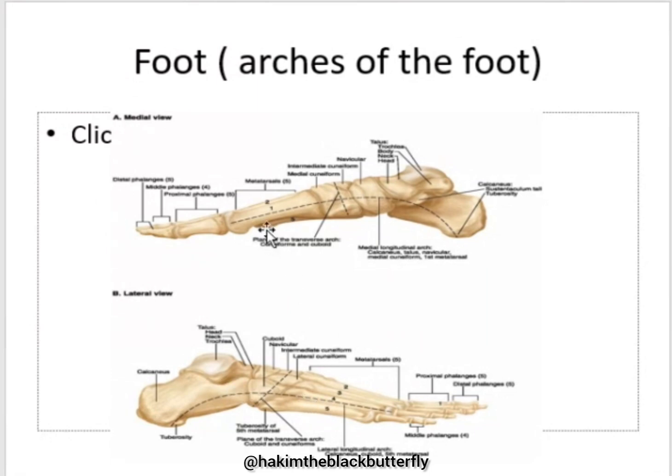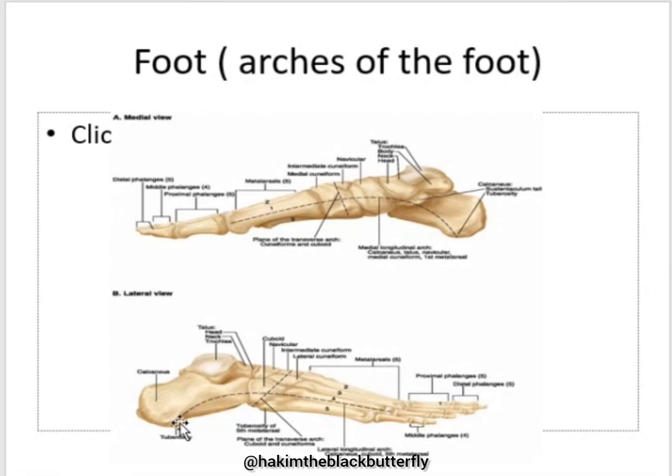But as you see, the medial longitudinal arch is more raised than the lateral longitudinal arch. And the medial longitudinal arch has more bones than the lateral longitudinal arch. When you count them, the calcaneum is number 1, the talus is number 2, the navicular is number 3, the 3 cuneiform bones form 6, and then the 3 metatarsals 1, 2, and 3 form 9, made up of 9 bones.